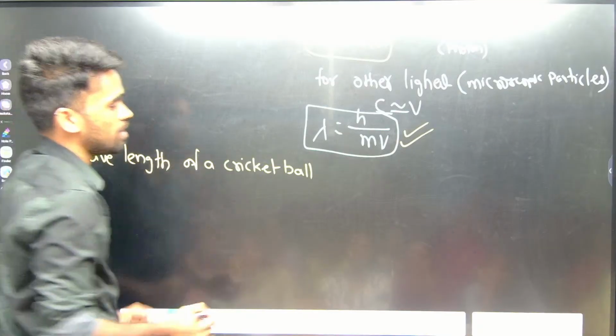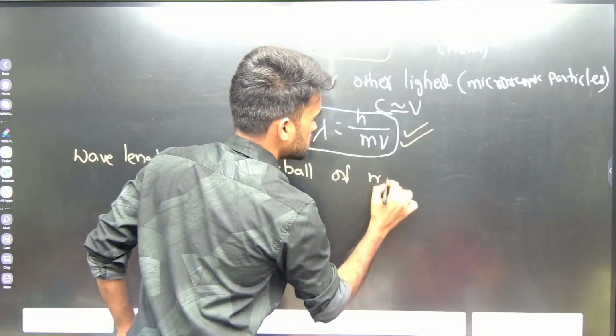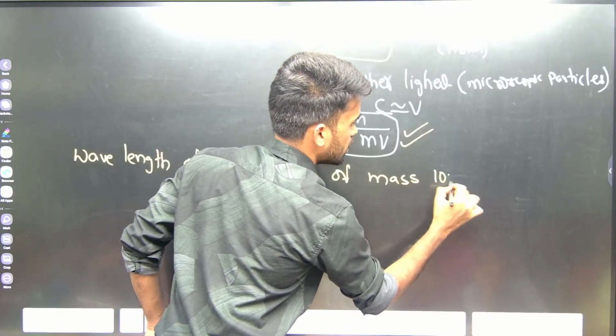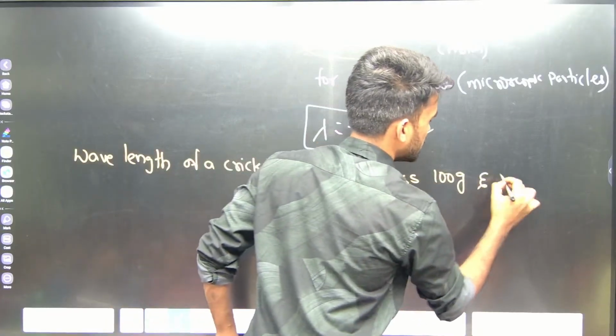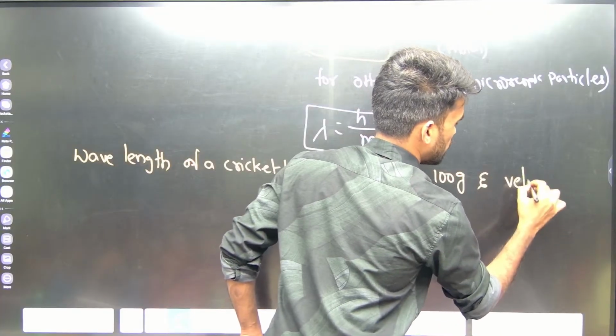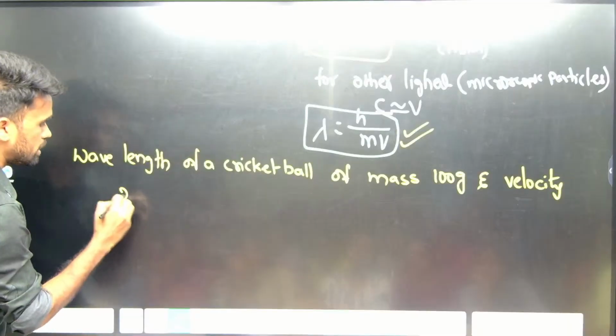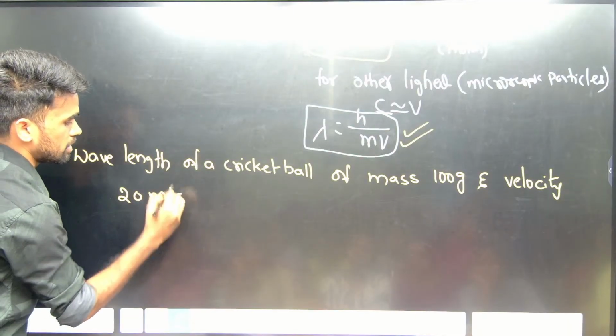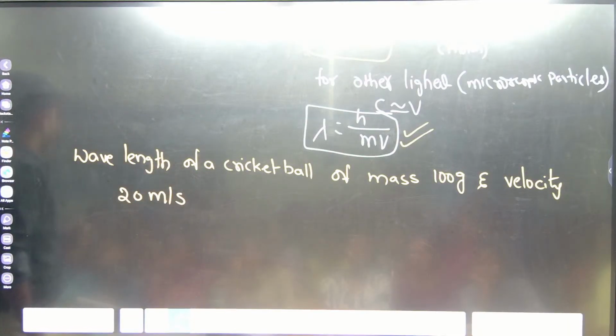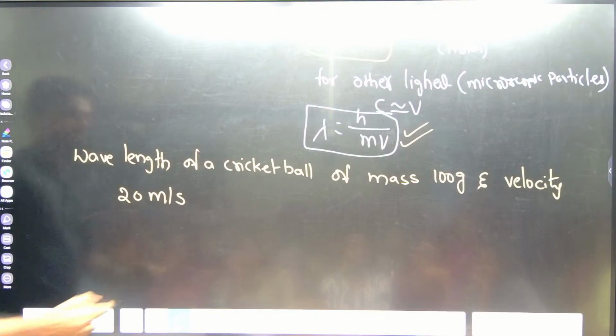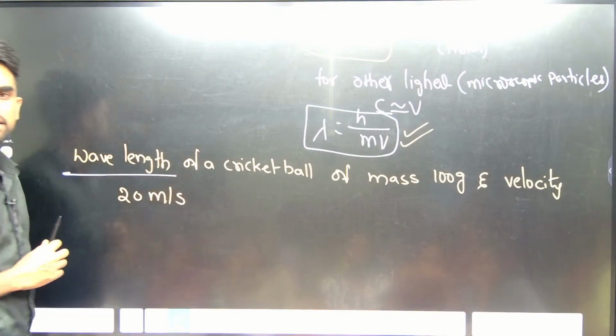Wavelength of a cricket ball of mass 100 grams moving with a velocity, let us take 20 meter per second.